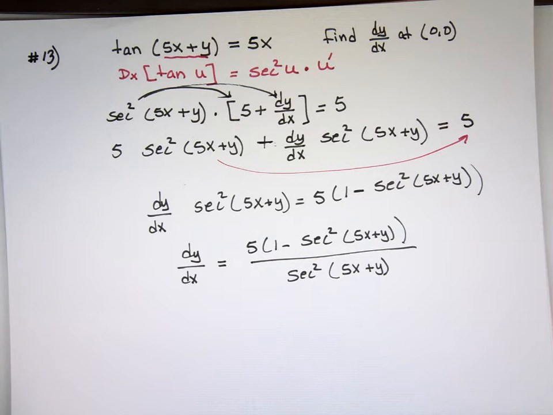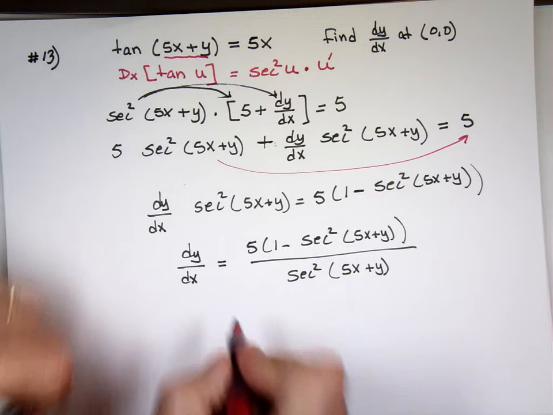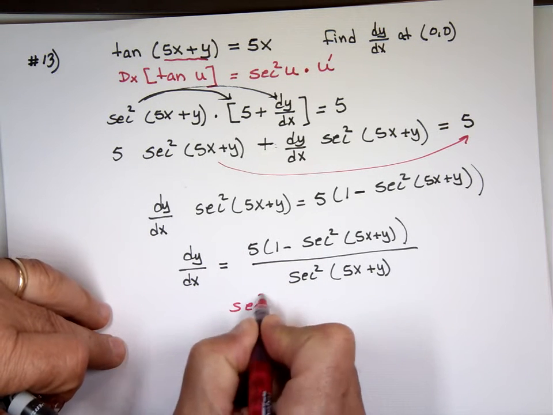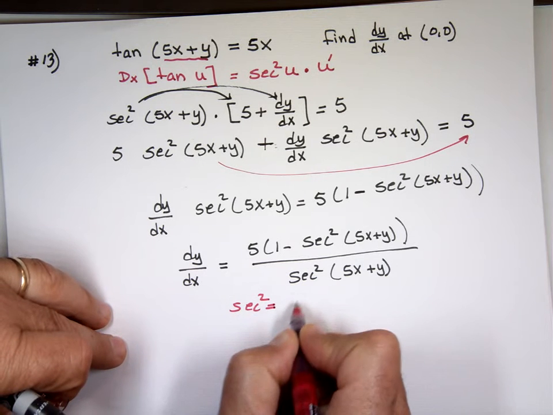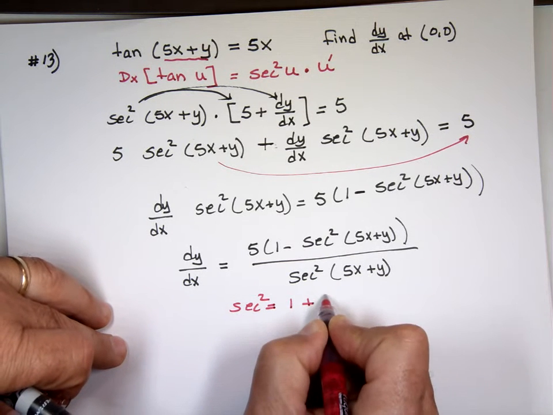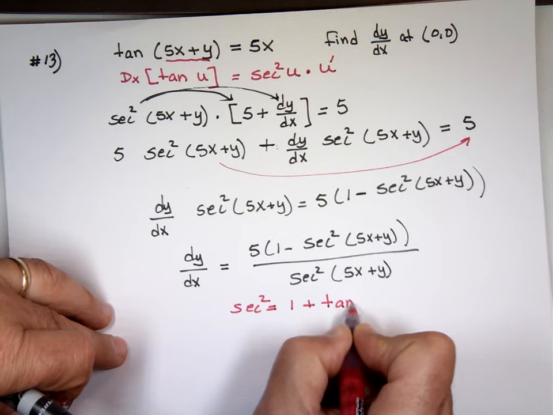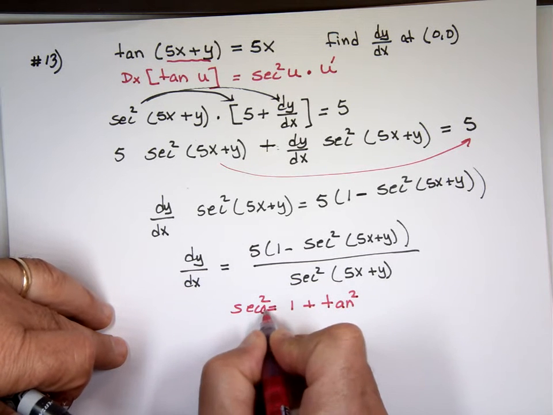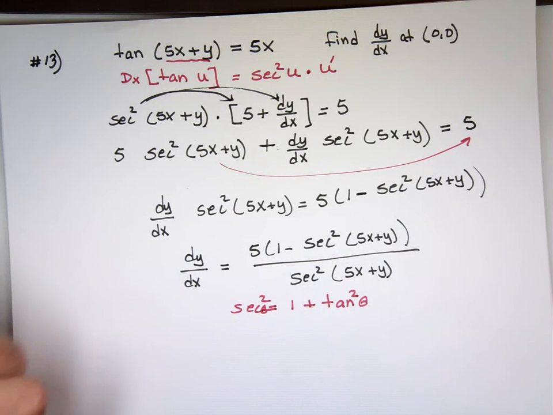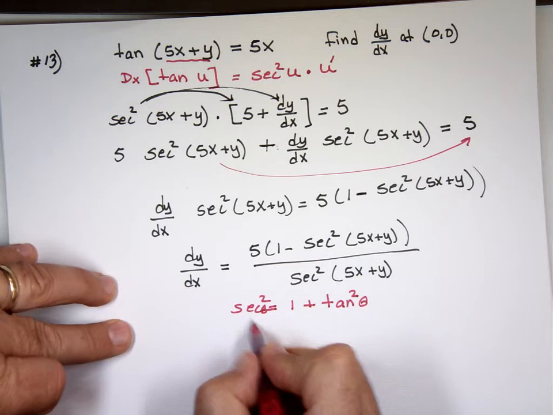Number 9, if you look at it, it says secant squared theta equals 1 plus tangent squared theta. If you play with the algebra, I can move the secant squared to this side, the tangent squared to this side.